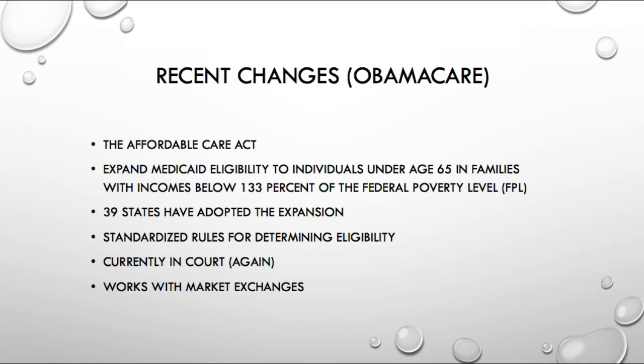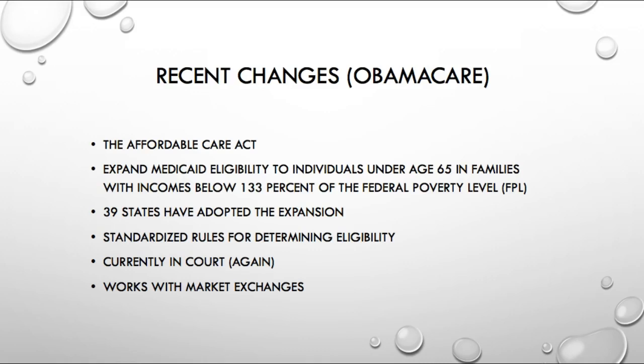For those of you that have learned about or were witness to the changes in Obamacare or the Affordable Care Act, the point was to expand Medicaid eligibility to pretty much everyone under 65 with incomes below 133% of the federal poverty level.